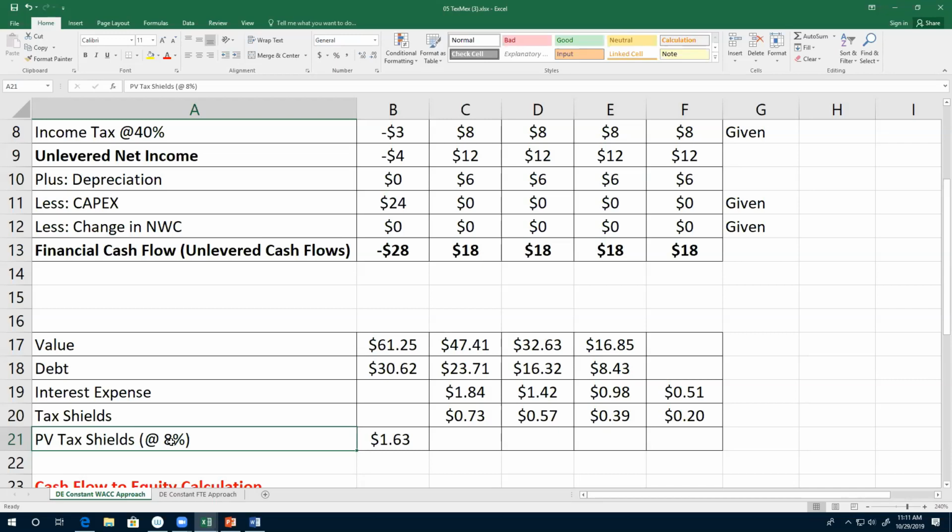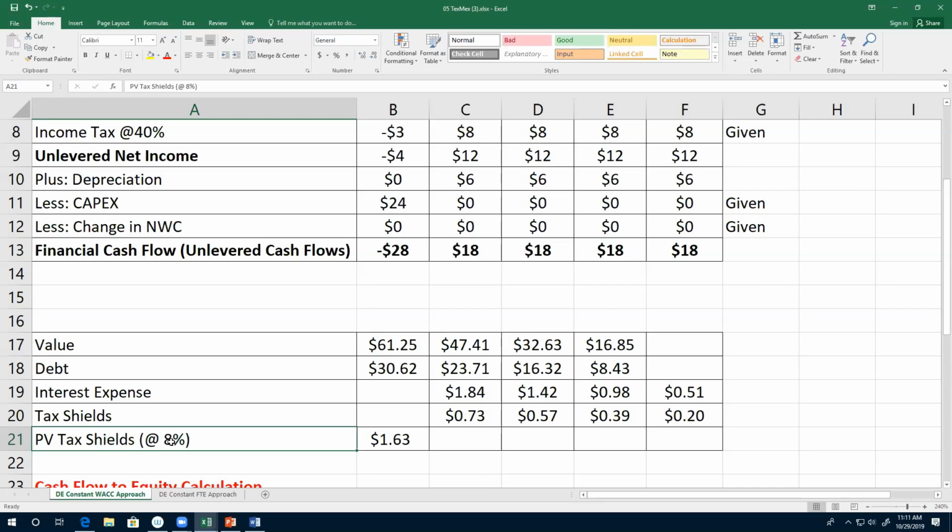So by using 8% over here, what is it that I'm saying? I'm essentially saying that my tax shields are as risky as my underlying business were it unlevered. That's basically what I'm saying, right? And why is it I'm saying that? Because you're targeting a debt ratio.